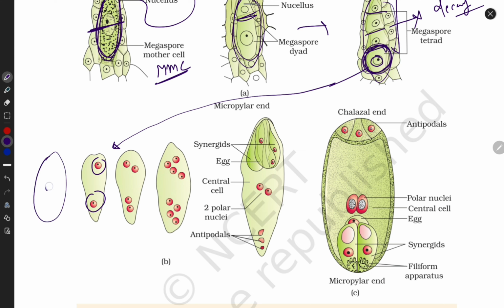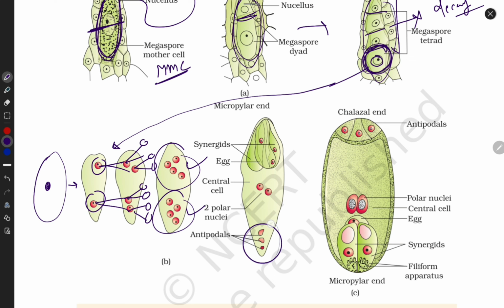This cell, now 2, now 4. Do you understand? Now 2 divided into 4. Look at here. And now they are arranged in this manner. 3 come here, 3 go upside. Here 1 and 1. The remaining part is situated in the mid part.